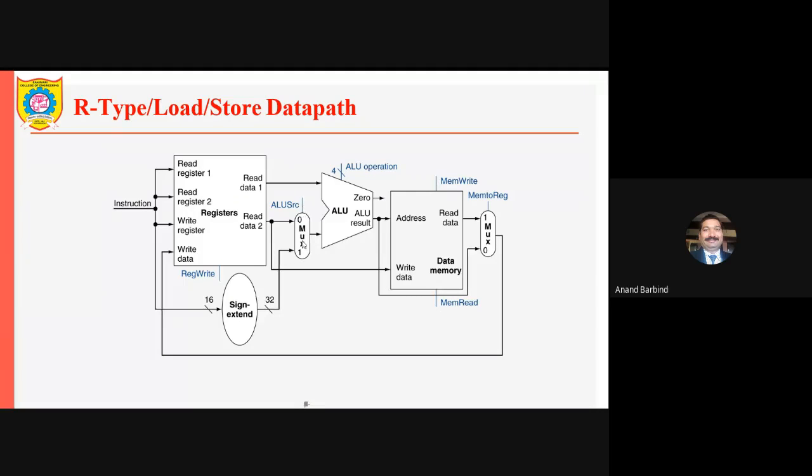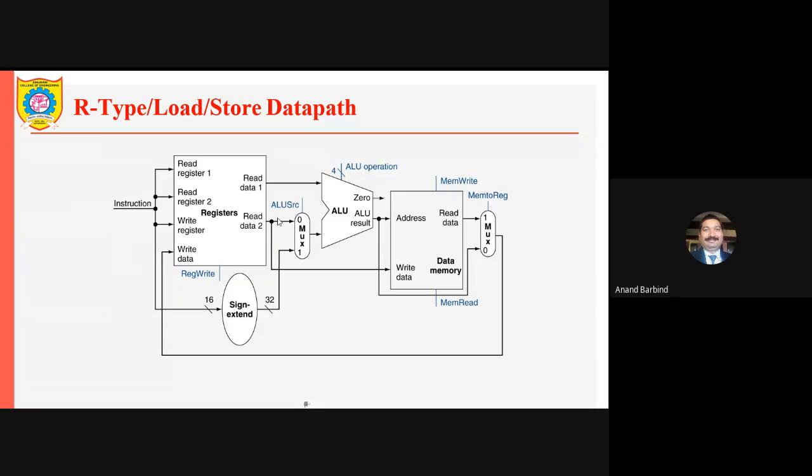So this multiplexer will select this offset from the instruction, and the addition of that and the base address is the actual address of the memory operand, where the data is to be written.